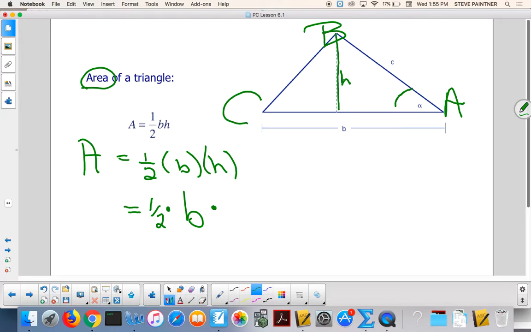If you want the height, guys, this can be simply replaced with what the height is. And if you look at this, this is now a right triangle. So you can use SOHCAHTOA here.